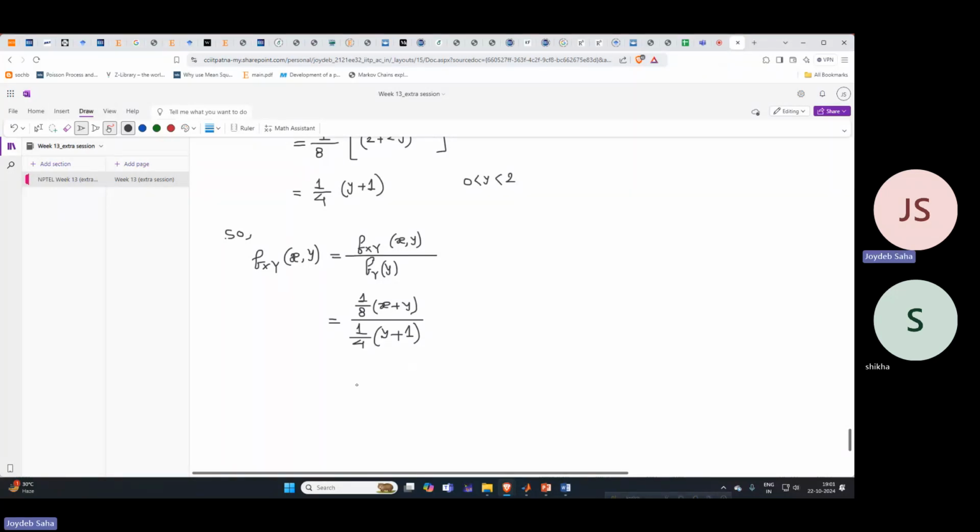So what we are getting, (x plus y) upon 2 cross (y plus 1).